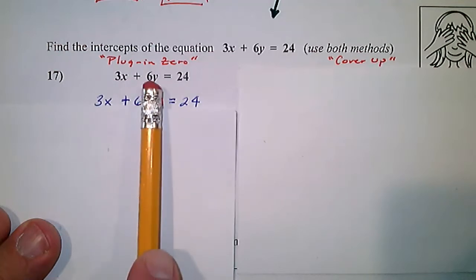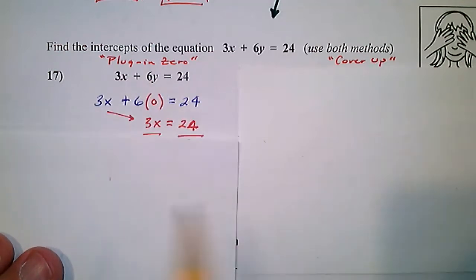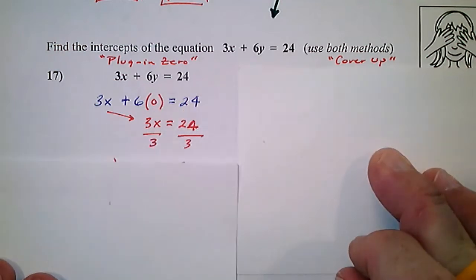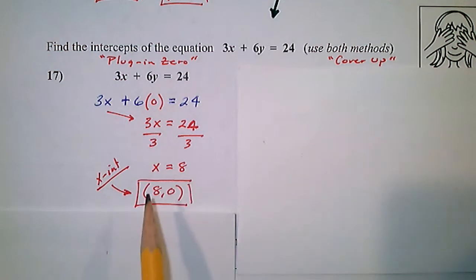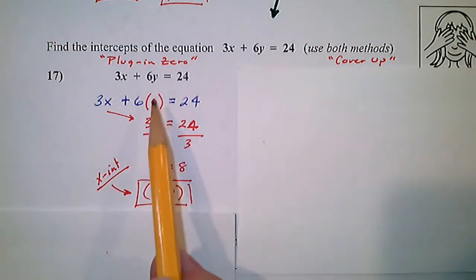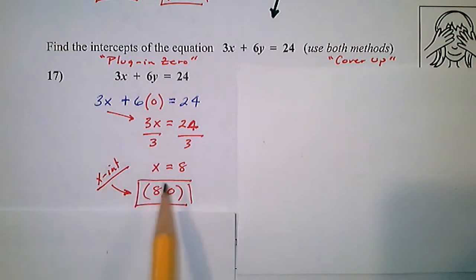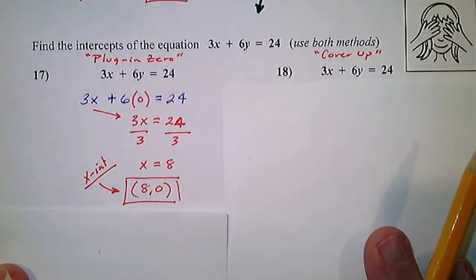So that leaves me with a 3x and a 24, and then I'm going to divide by 3, and that's going to give me 8, and my x-intercept is 8 comma 0, right? I plugged in a 0. Okay, there's your x-intercept. And then we'll practice the cover-up method on this one.